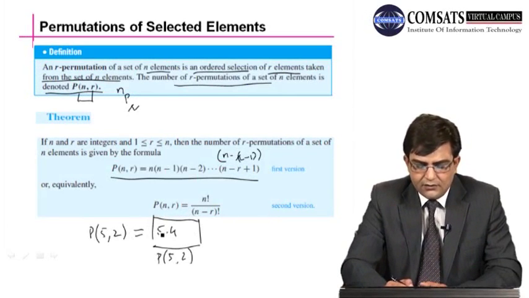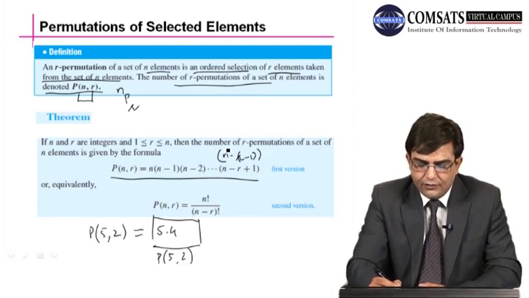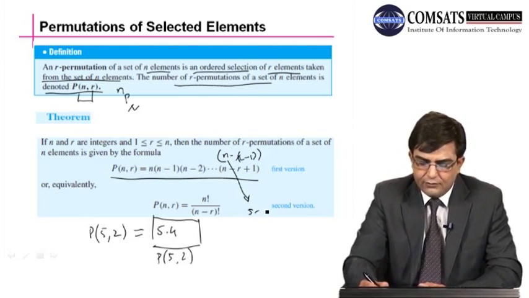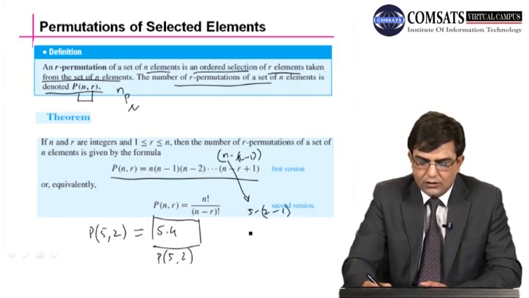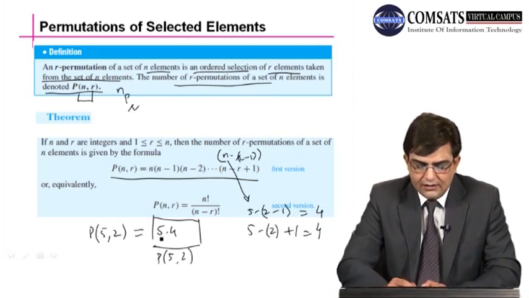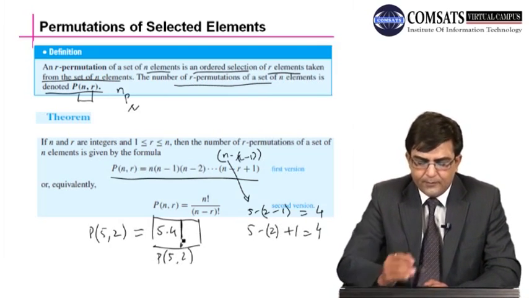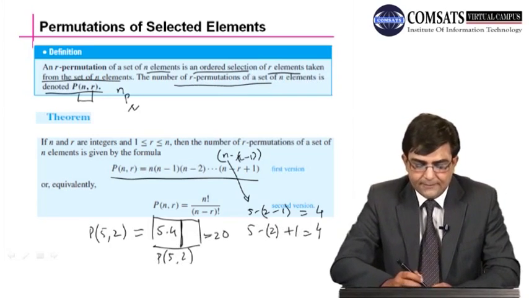This is 5 into 5 minus 1 up to so on. If we put here 5 and here 2, this is 5 minus 2 plus 1. What is this? This is basically 5 minus 1, which is 4, and 5 minus 2, which is 3, plus 1 is 4. So this will come until 4. Here we will stop. So this gives us 5 4s are 20 permutations.